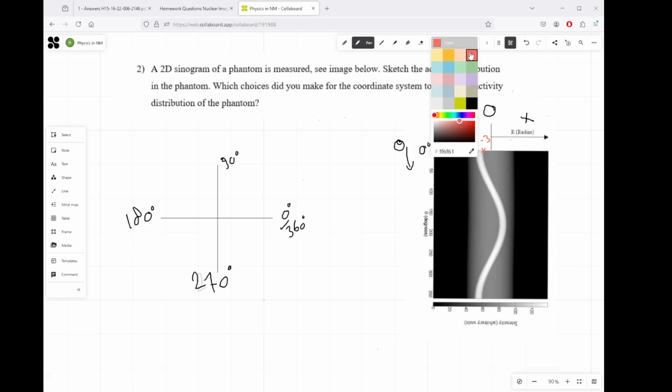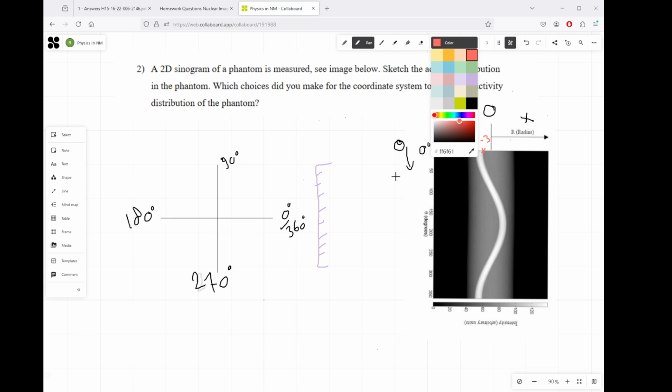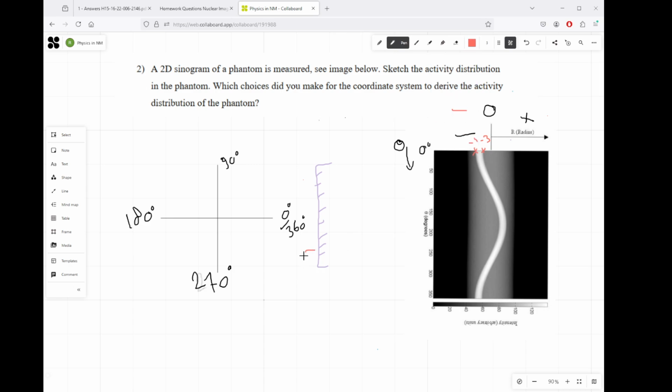So let's start drawing in our detector. Over here, we have our detector. So then we identify, this is the minus part, this is the plus part, and again here we have 0, and we have a mark on -4. So then we go to -4.